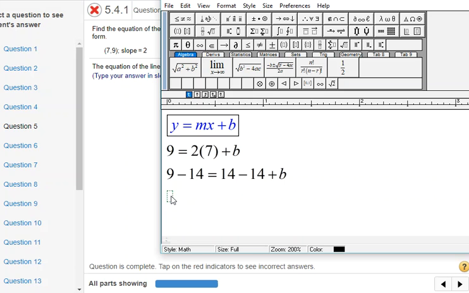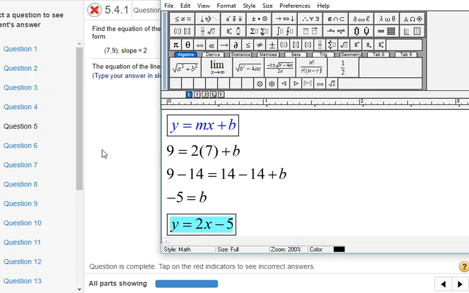So I can type negative 5 equals b. Now that I have those two pieces, m and b, we can fill in the equation. Again, it's y equals mx plus b, but m in this case was 2, and I just discovered that b is negative 5. So the correct equation should be y equals 2x minus 5.